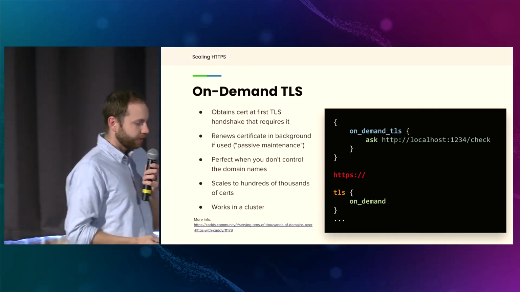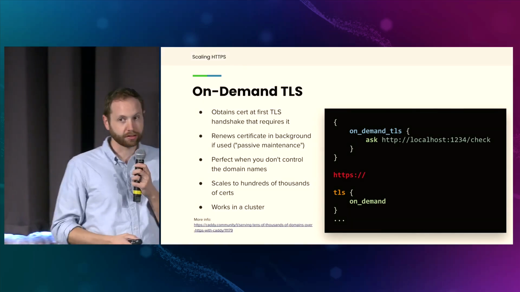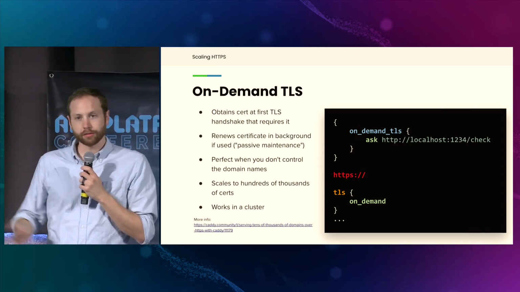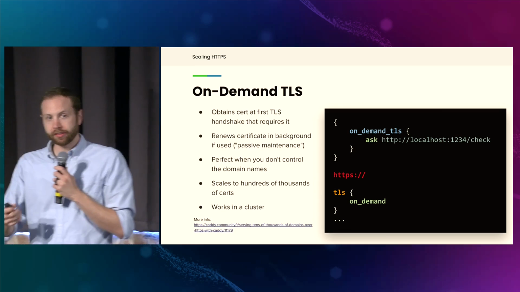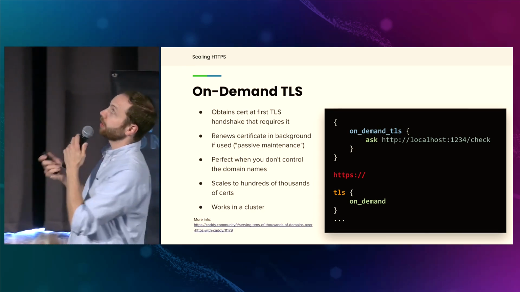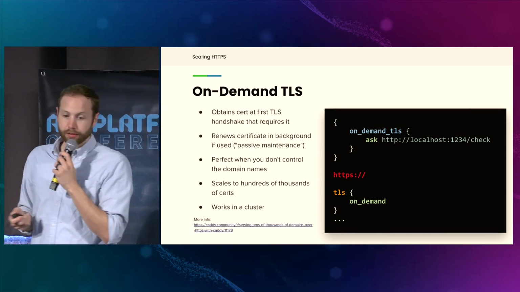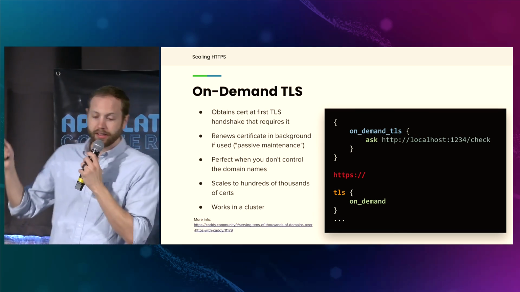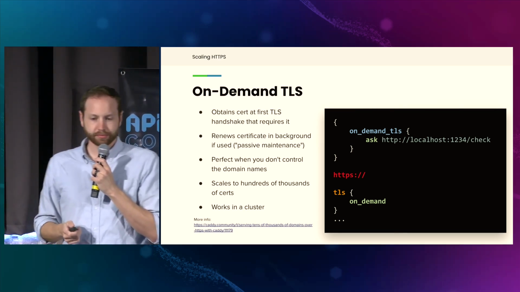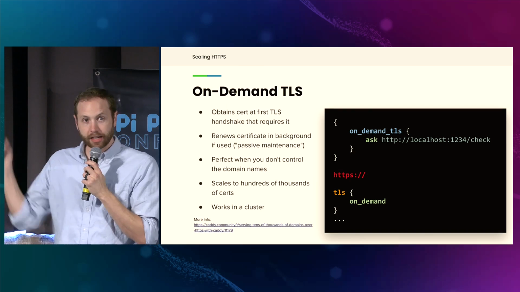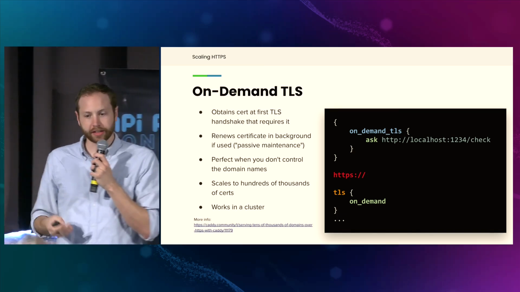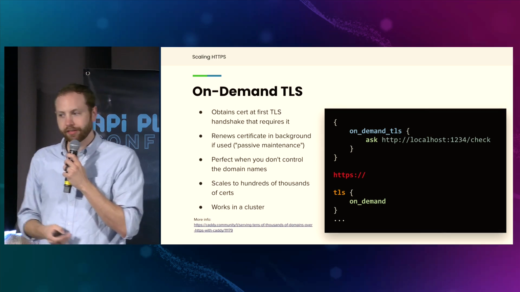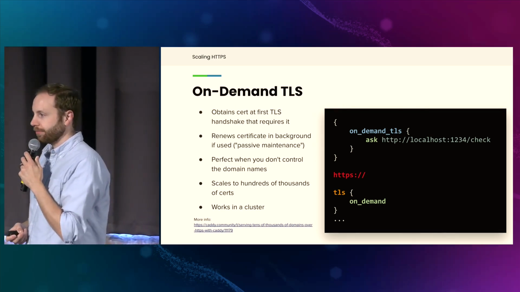If you try and throw 100,000 domains at certbot and nginx, it will fall over, pretty much for sure. So this is a really simple Caddy config. Actually, you just enable on-demand TLS for unnamed sites, and you give Caddy an endpoint that it can ask for permission to make sure that it's authorized to get a certificate for that domain name.